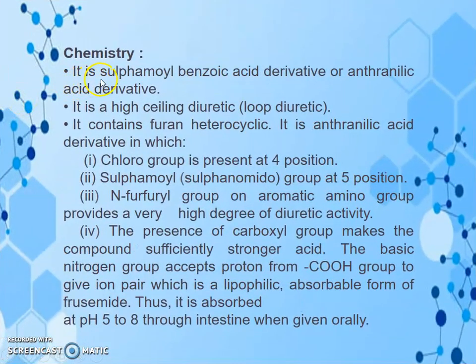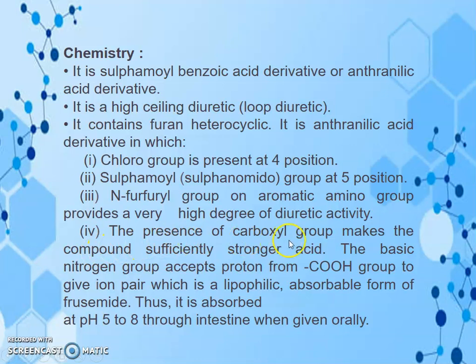Chemistry. It is a sulfamoyl benzoic acid derivative or anthranilic acid derivative. It is a high ceiling diuretic, which is also called a loop diuretic. It contains furan as a heterocycle, and it is an anthranilic acid derivative, in which a chloro group is present at 4 position, a sulfamoyl, that is sulfonamido group, at 5 position, and a furfuryl group on the aromatic amino group provides a very high degree of diuretic activity.